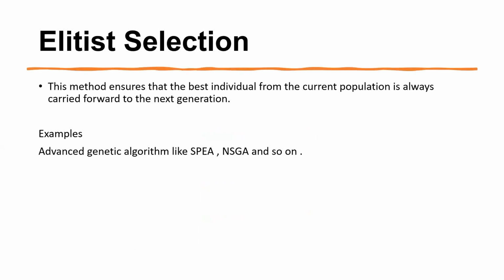And the elitist selection. This method ensures that the best individual from the current population is always carried forward to the next generation. In the above two selection methods, there was a lot of probability and randomness involved.